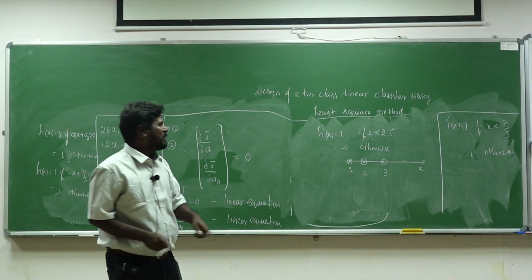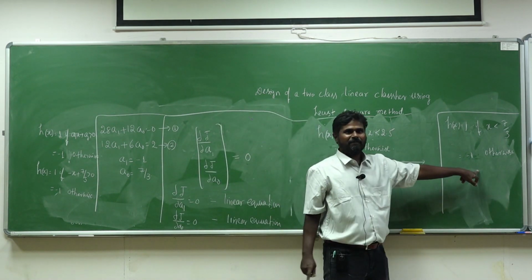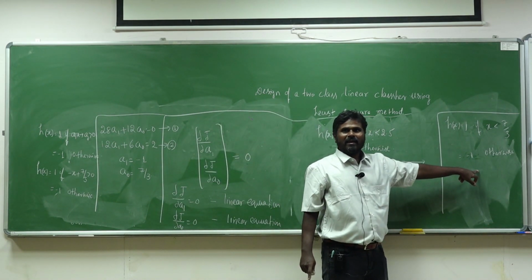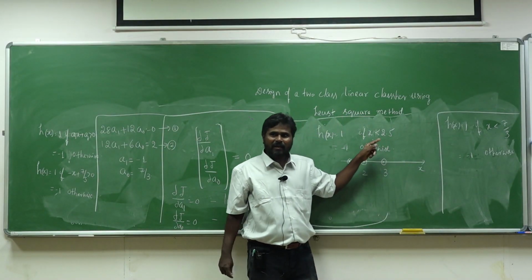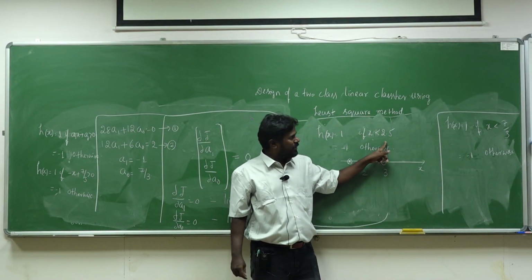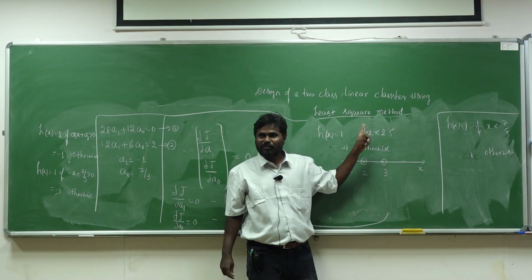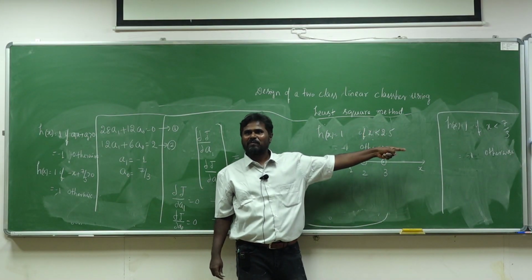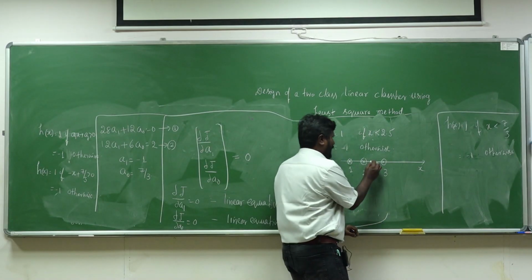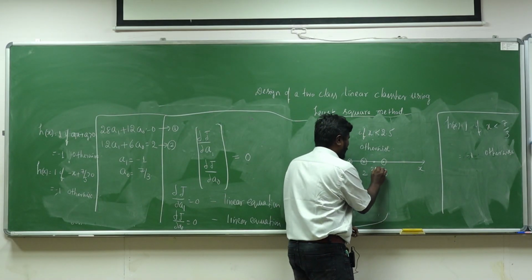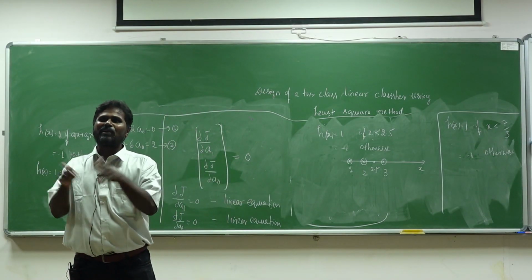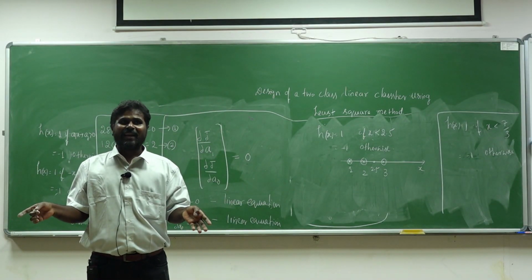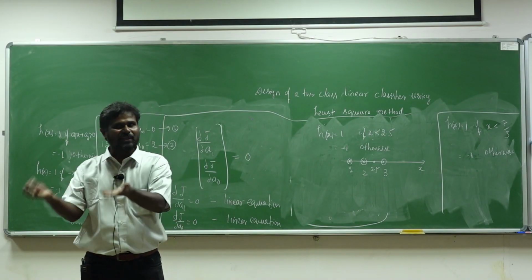But here there would be a change in the threshold value. We put a threshold somewhere here, but the least square method gave us a different threshold. A different approach would give you a different threshold.